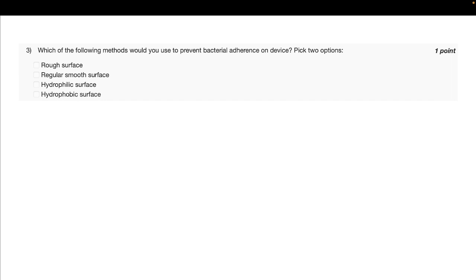And rough surface. Sorry, your voice is not clear. Can you please repeat? Rough surface. Okay, another option is rough surface. Anybody else has an answer? Regular smooth surface and hydrophilic surface. Okay, so you're saying option 2 and 3. We'll wait for other responses. So I have different answers. Anyone else want to give it a try?